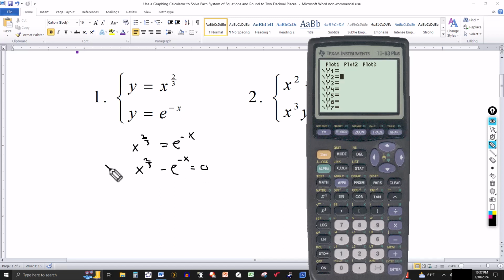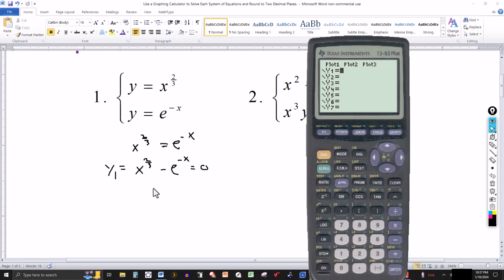And you could call this your y1 or y and graph it. And where the graph intersects the x-axis, that gives you your value for x. And then you can just plug in to get the value of y. So let's do it this way.